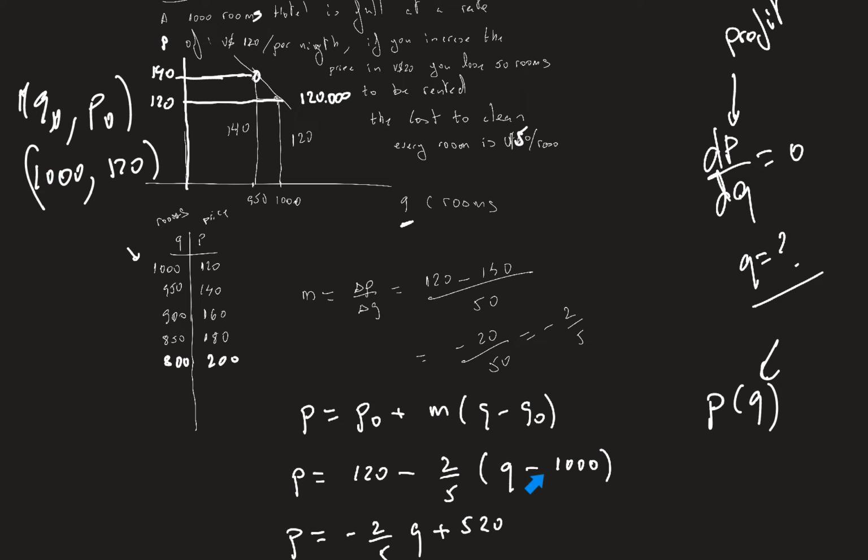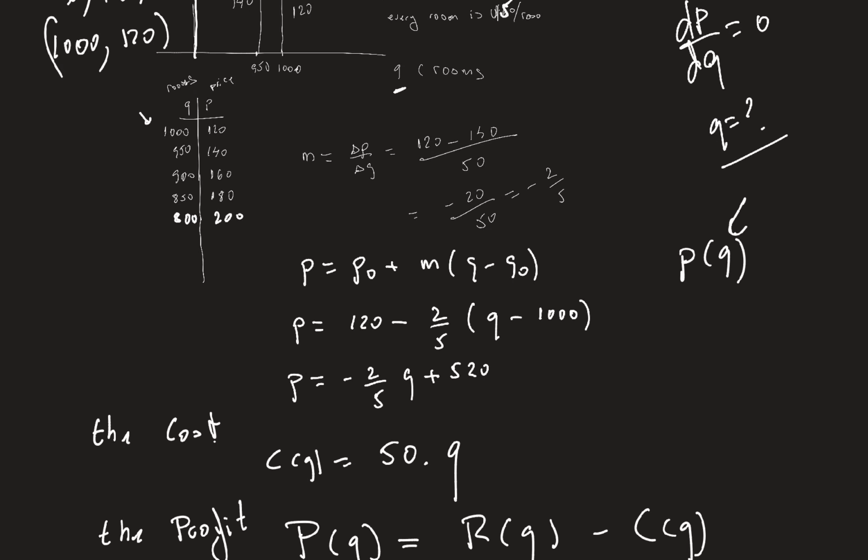If I work a little with this equation, P of Q will be minus 2/5 of Q plus 520. This comes from 2000 divided by 5, which is 400, positive 400, plus 120, which is 520.